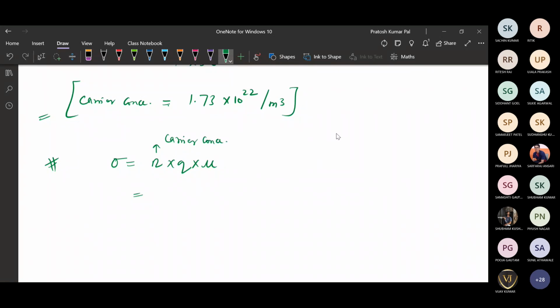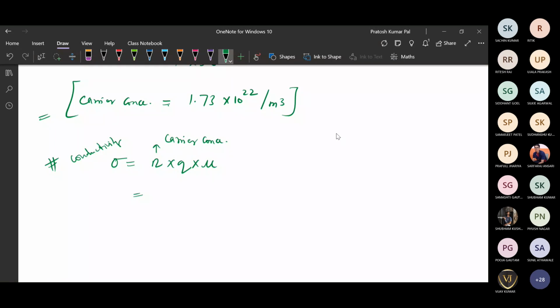In metals, basically, a single charge carrier will be there, that is represented by N. So that single charge carrier N is representing the sigma, that is conductivity. So conductivity sigma is N Q mu.